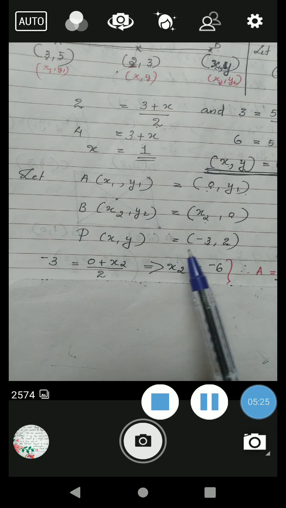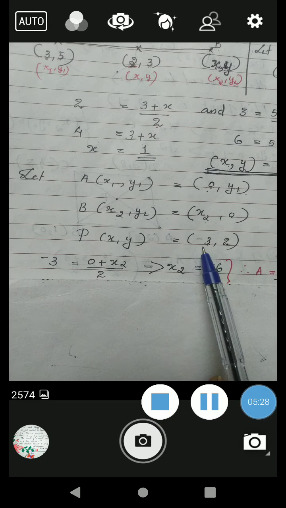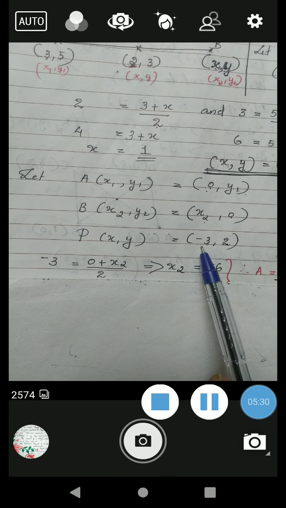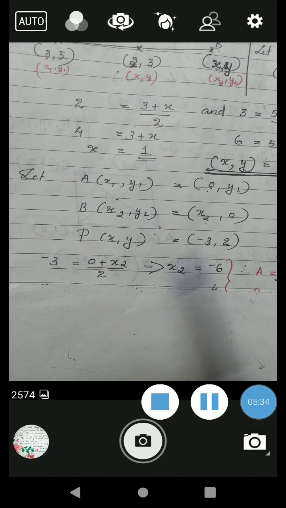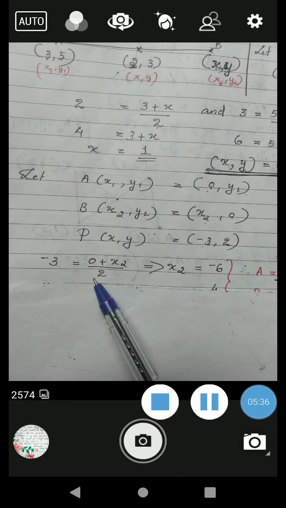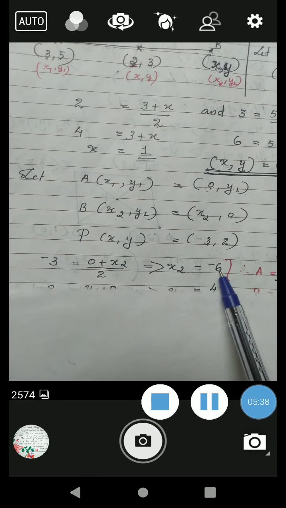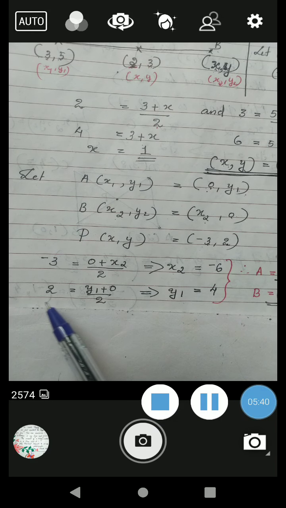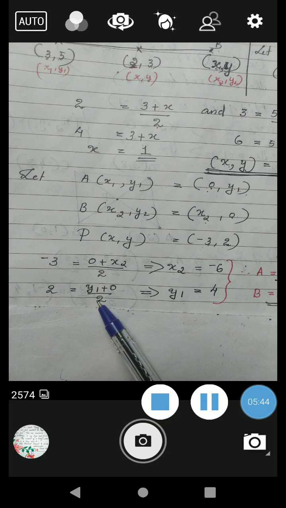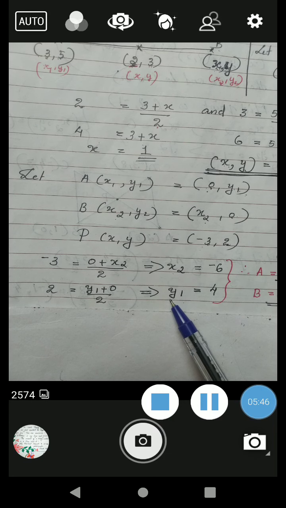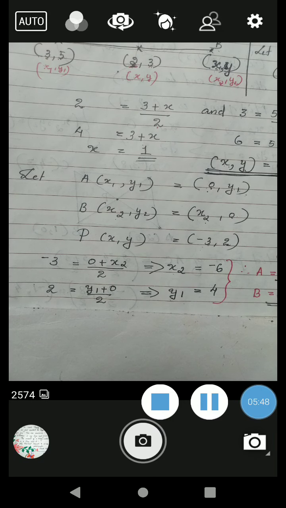So minus 3 is equal to the x coordinate, x1 plus x2 by 2, which implies x2 is minus 6, and y is equal to y1 plus y2 by 2, that is y1 is equal to 4.